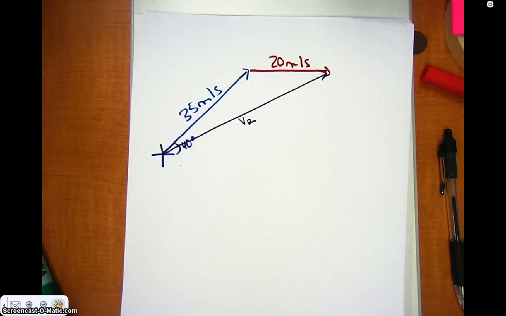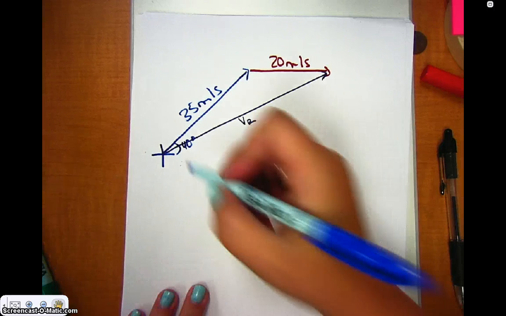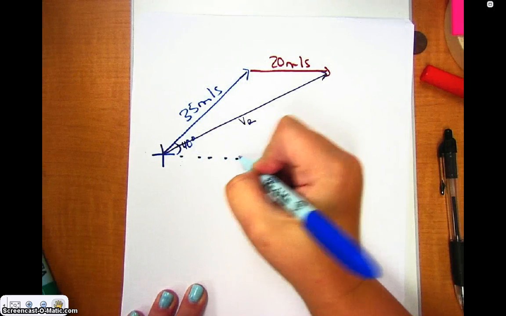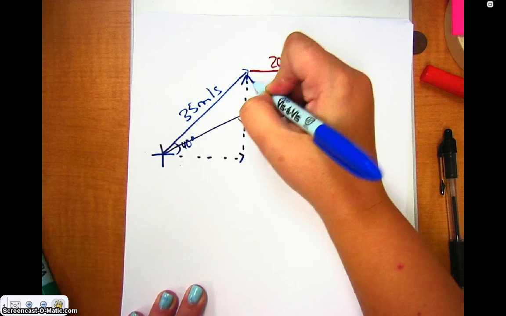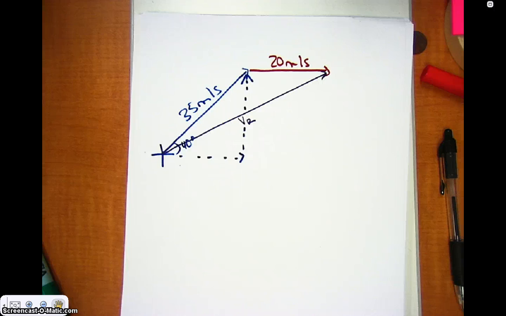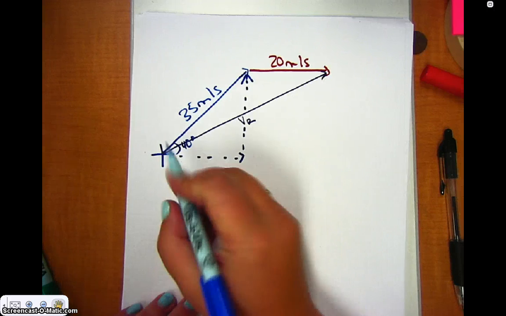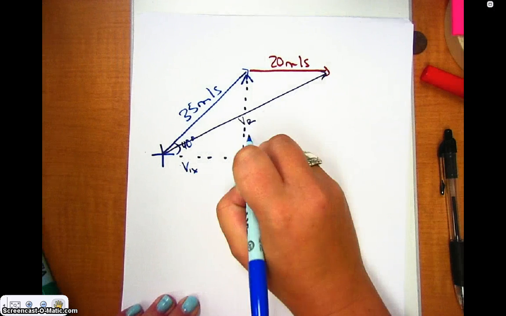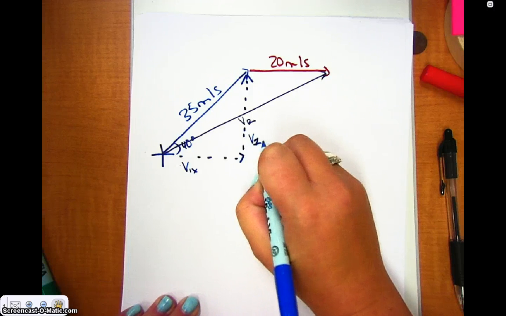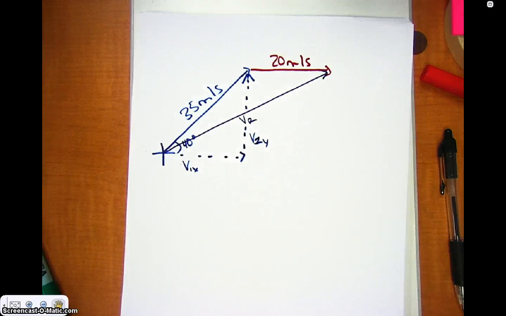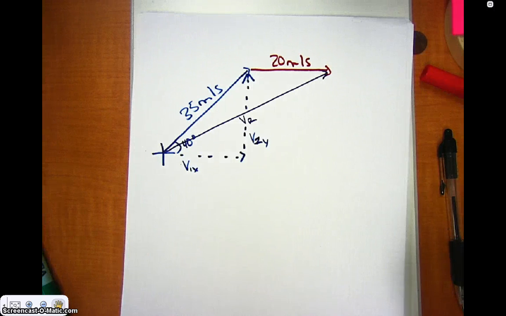The 35 meters per second is going to have both an x and a y component, like this, and then like this, right? And my 20 meters per second really only has one component to the right. So vector 1 has an x component and also a y component, and they're both positive, to the right and up.